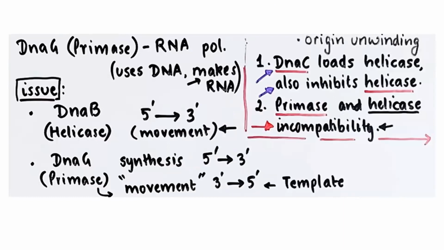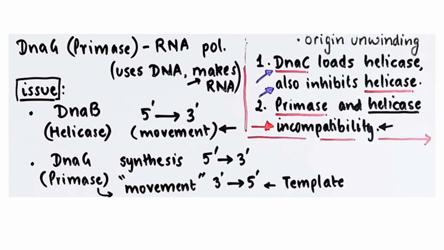As we have noted so far, the helicase moves in the 5' to 3' direction, and DNA-G makes RNA whose synthesis direction is also 5' to 3', which means its movement on the template must be from 3' to 5'. But the movement of the helicase on the template is 5' to 3', and so the helicase wants to move forward, but the primase is physically connected to the helicase. Hence the problem that DNA-G and DNA-B are active in opposing directions.